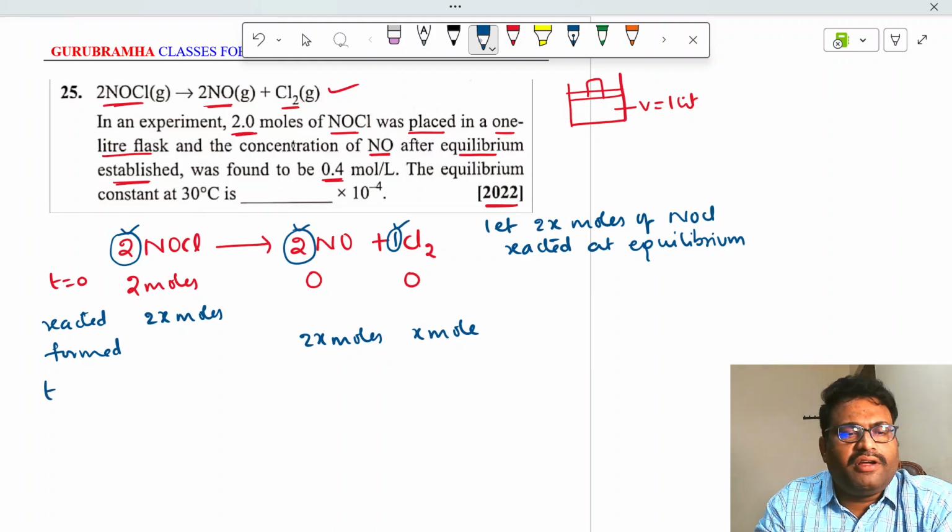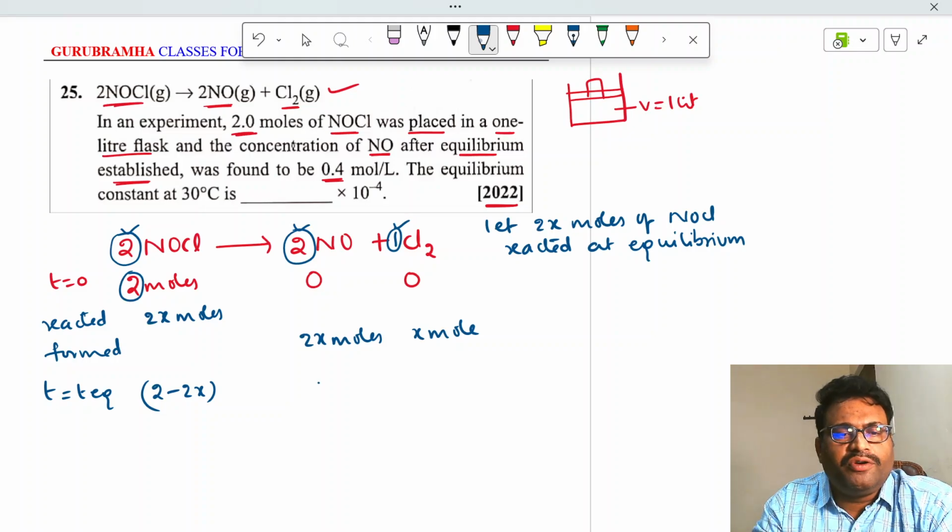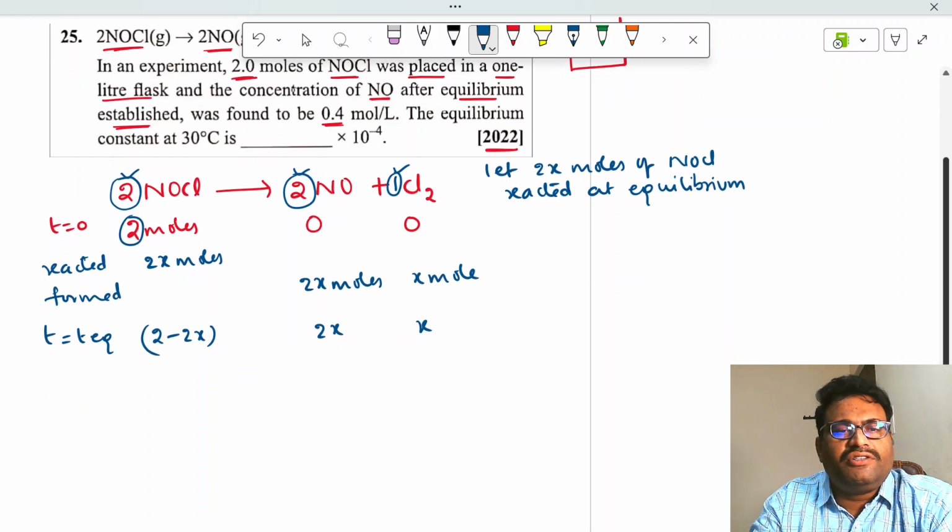At equilibrium, how many moles of NOCl are present? Initially there are 2 moles, so 2 minus 2x. NO will be 2x moles and Cl2 will be x moles. In the question, the concentration of NO after equilibrium was established is found to be 0.4.